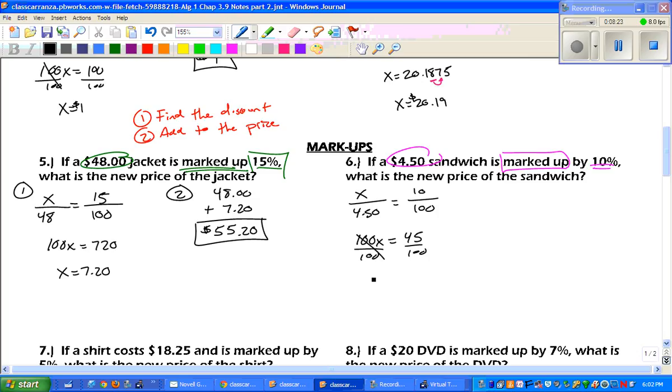Divide by 100. And the markup is 45 cents. So that was step 1. Step 2, take your original price and add the markup, and we get $4.95. While it doesn't seem like a lot, you're still paying more than what it originally was.